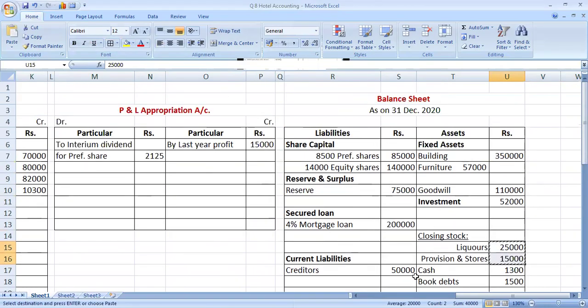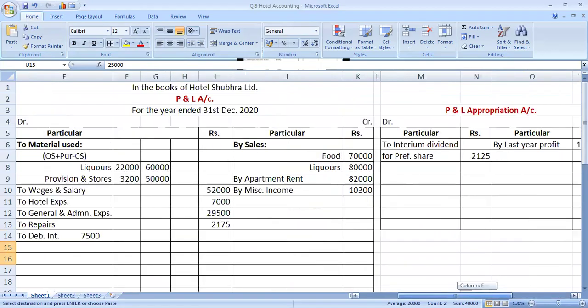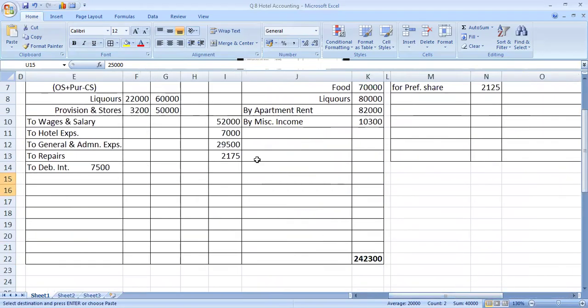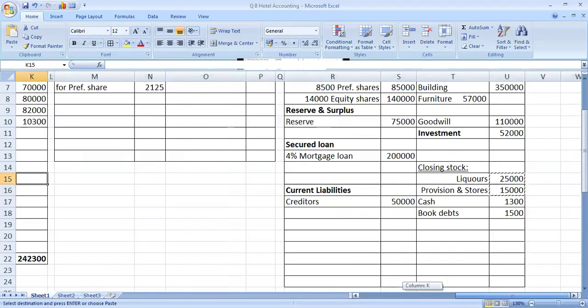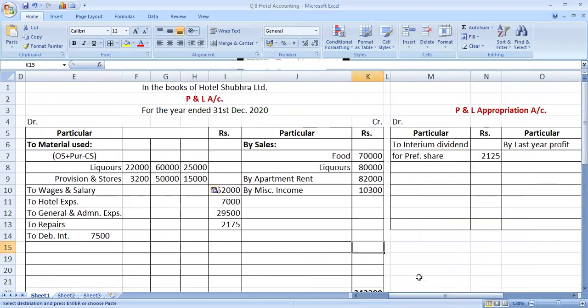Less from purchases, profit and loss account debit side, second effect. Liquor 25,000, provision and store 15,000.